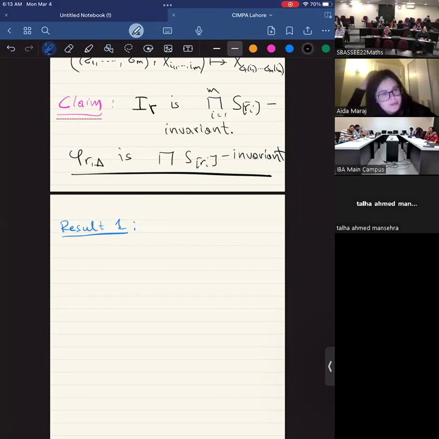Fix delta, we have already fixed delta. And now take or specify a vertex I in M, where M was the ground set of delta.